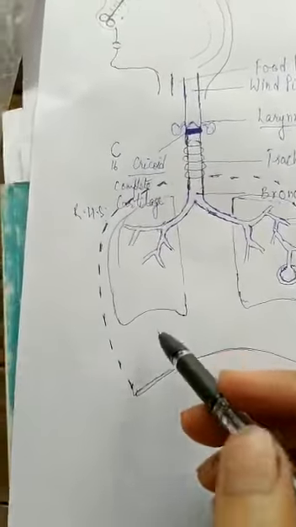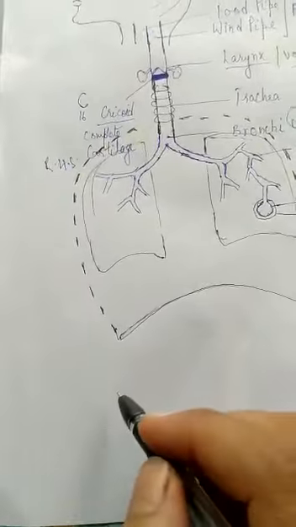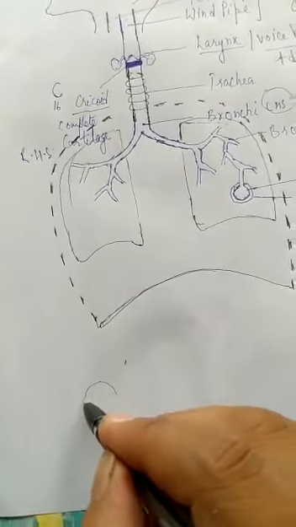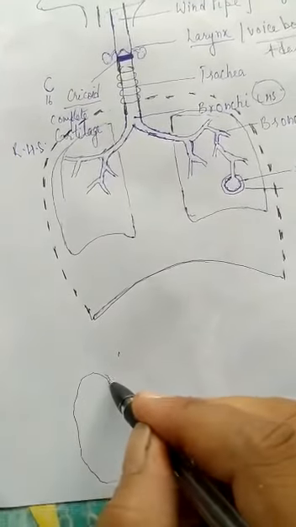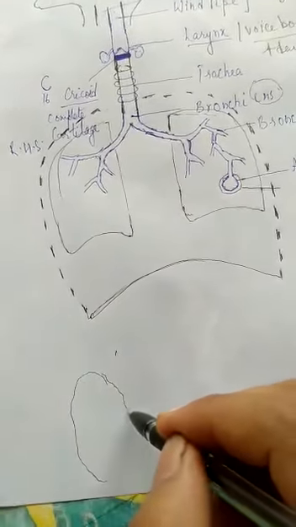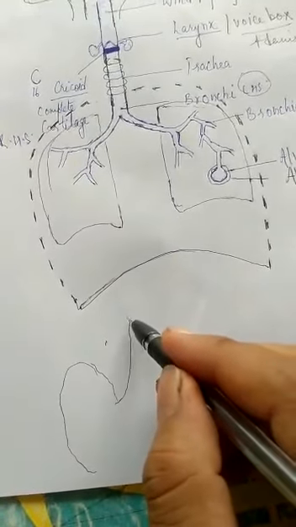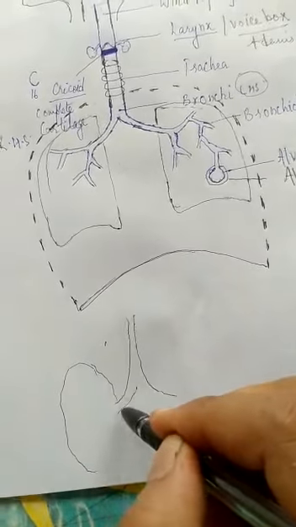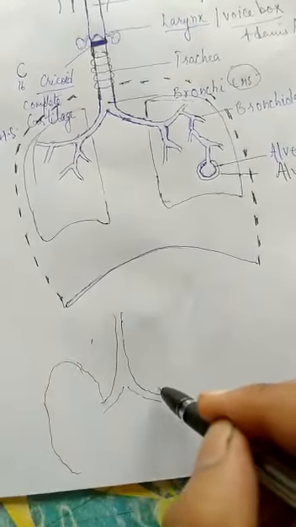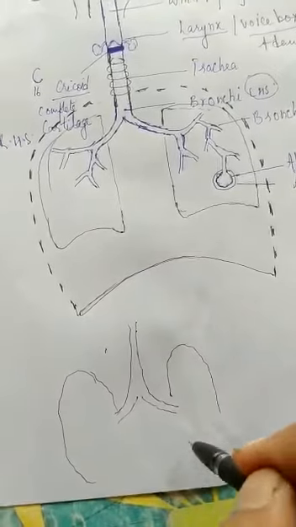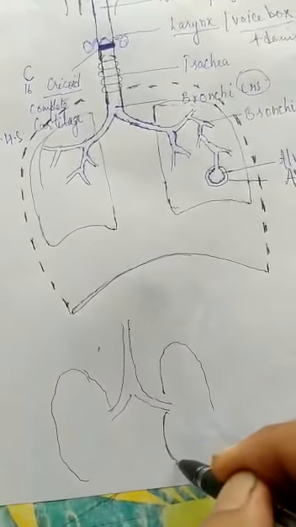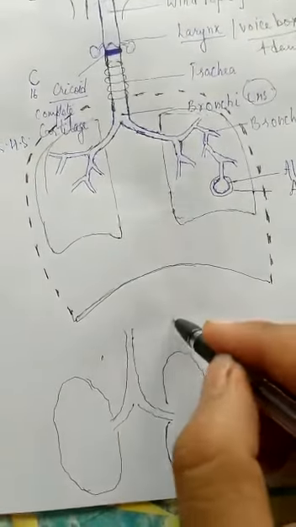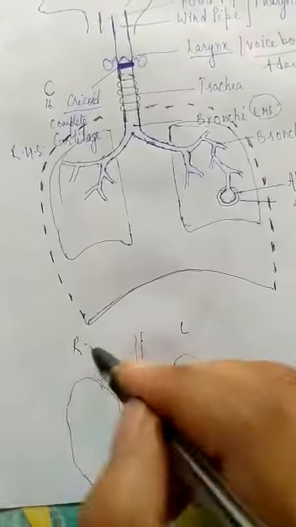This is a diaphragm, which also helps in respiration. Now let us draw the structure of the lungs, a general diagram. This is the lung. These lungs are spongy in nature, and this is your left lung, this is your right lung, right?